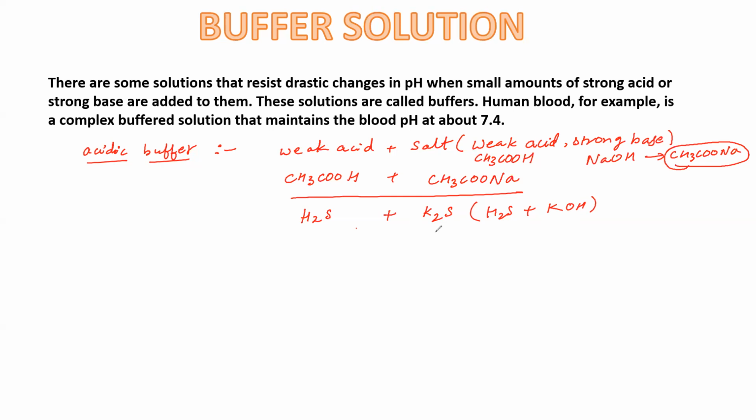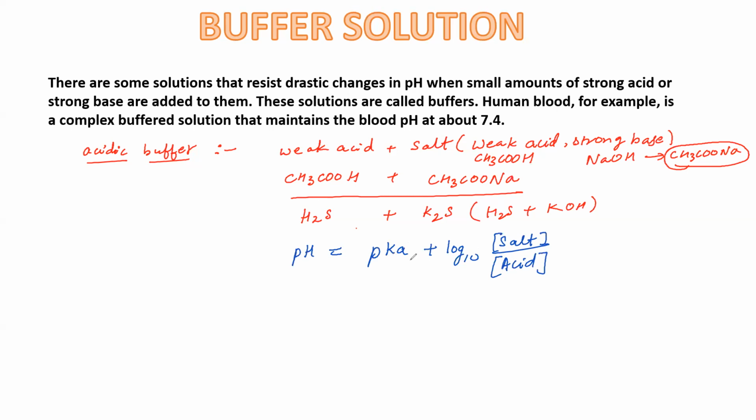Now, how to calculate the pH of a buffer? I will tell you a very simple equation which gives the pH of the buffer. pH equals pKa plus log base 10 of the salt concentration divided by the concentration of the acid.